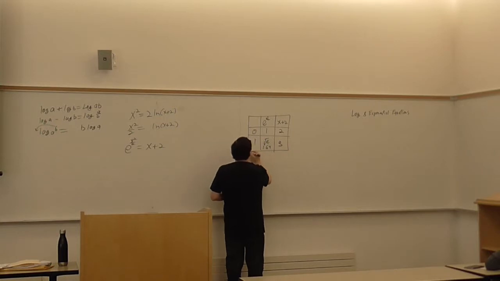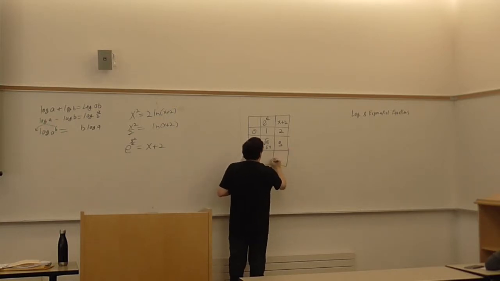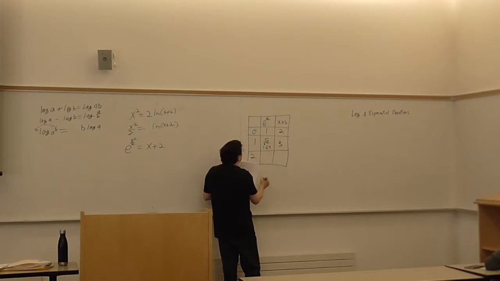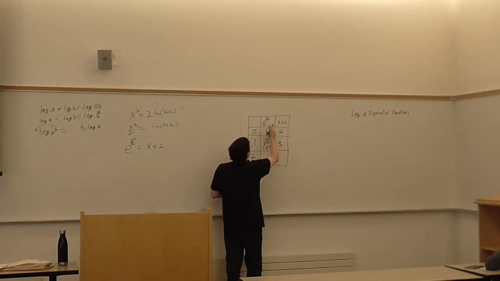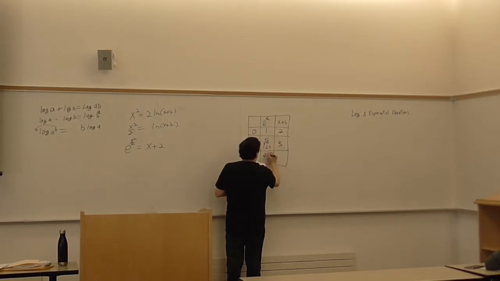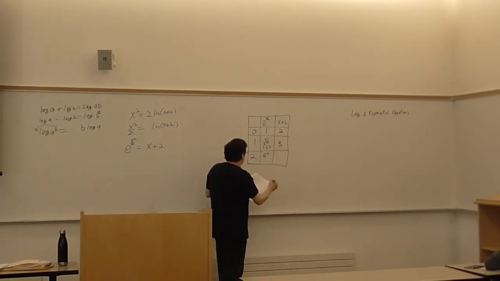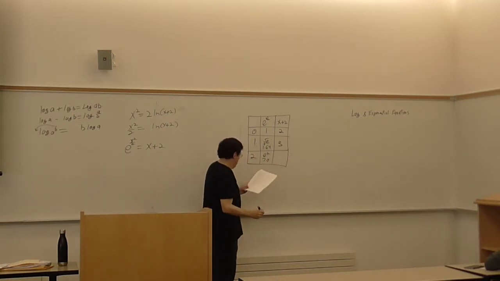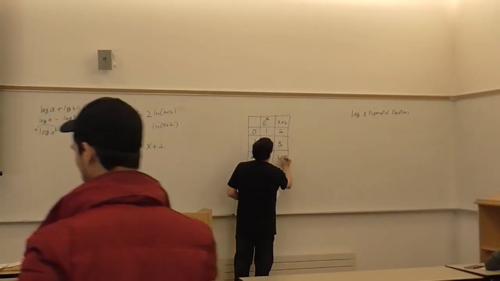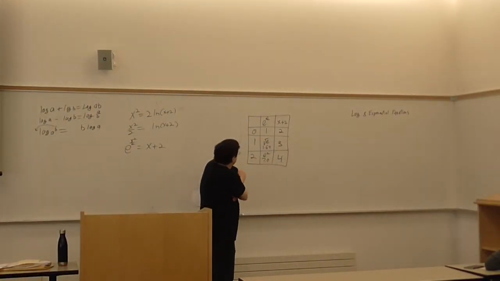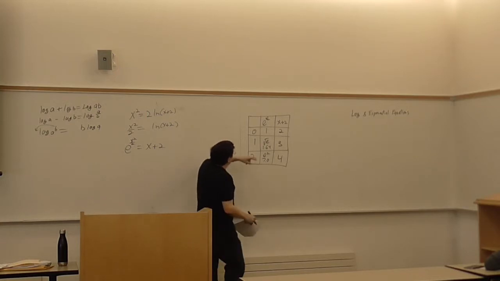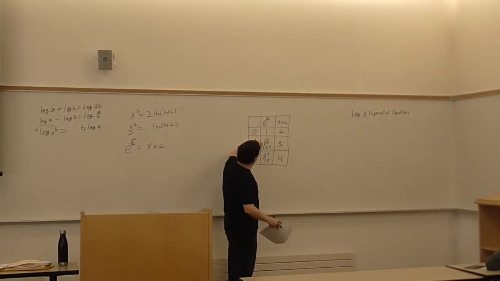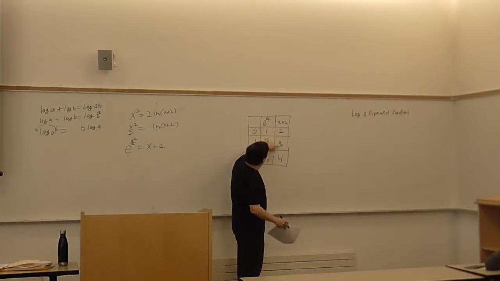And this is 3. And then I just want to look at one more value, 2. So e to the 4 over 2 is e squared. That's about 7. And this is 4. Okay, so this goes 1, 1.6, 7. This goes 2, 3, 4.